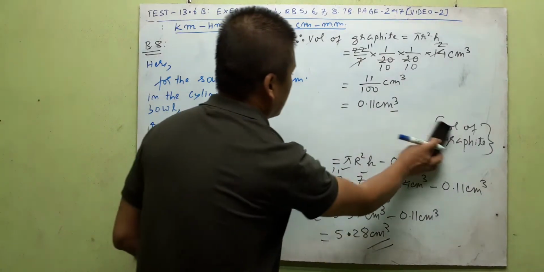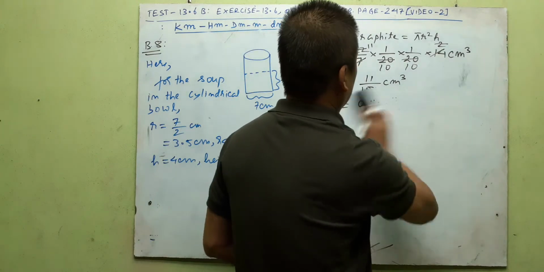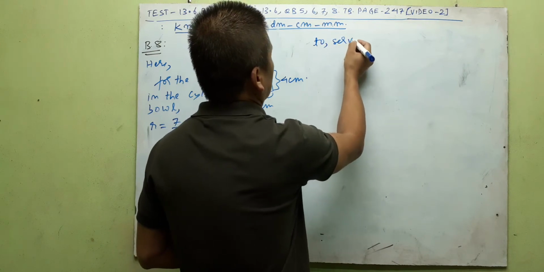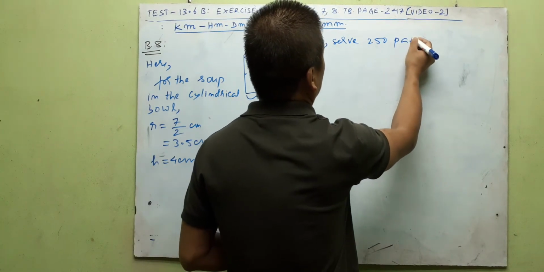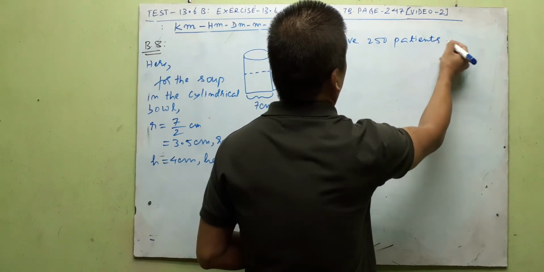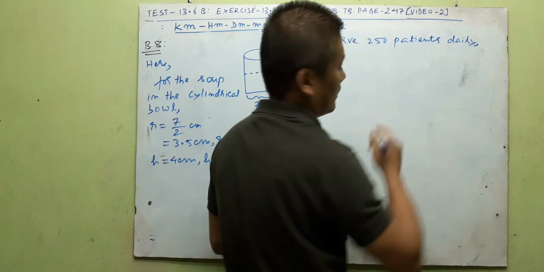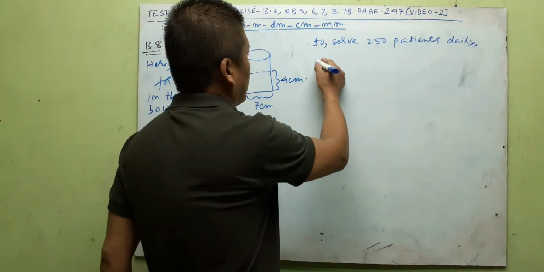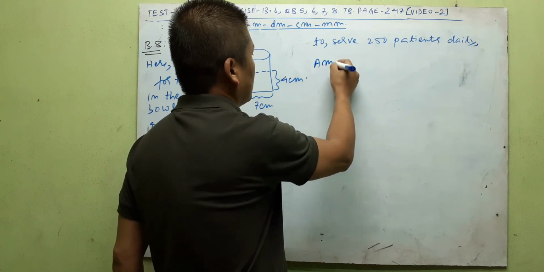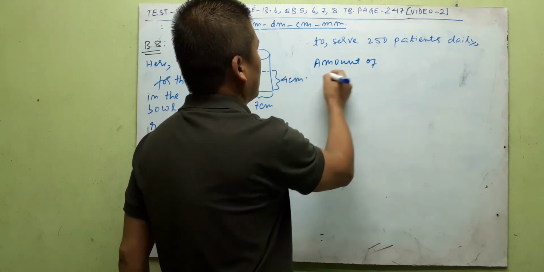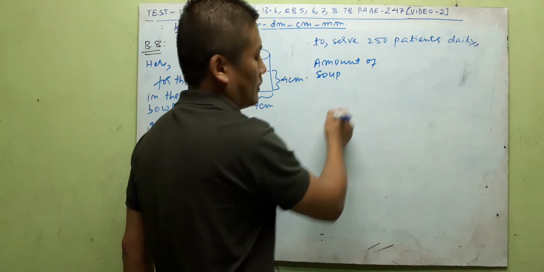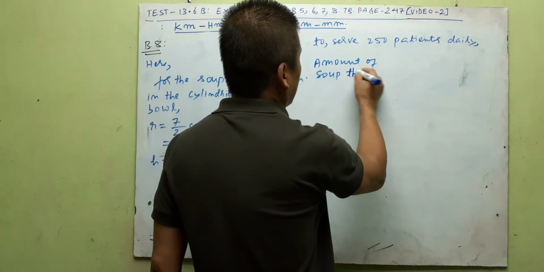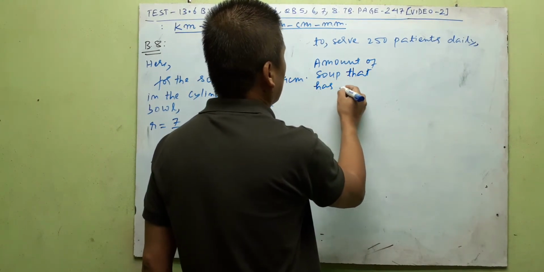So you can write here: to serve 250 patients daily, the amount of soup that has to be prepared.